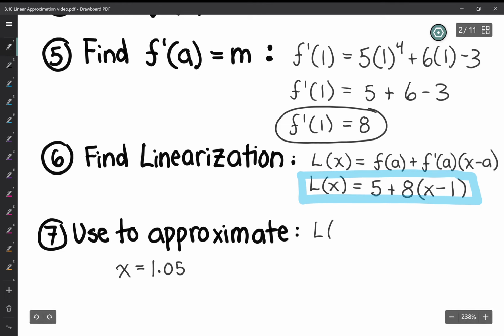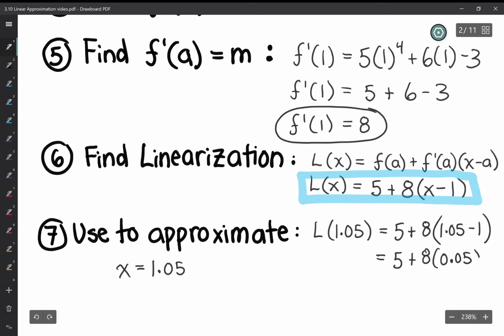So we need to find L of 1.05, which is equal to 5 plus 8 times 1.05 minus 1, which is equal to 5 plus 8 times 0.05, which will be 0.4, because 8 times 5 is 40.